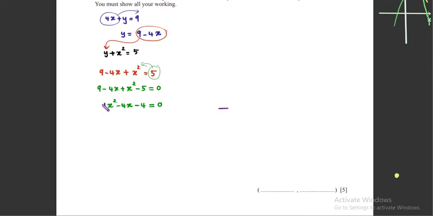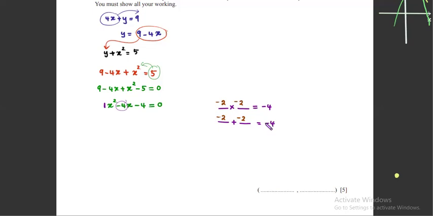When we have a coefficient of 1, we can use the quicker way: when we multiply the two numbers together, it should give the last number, and when we add those two numbers together, it should give the coefficient of x, which is negative 4.